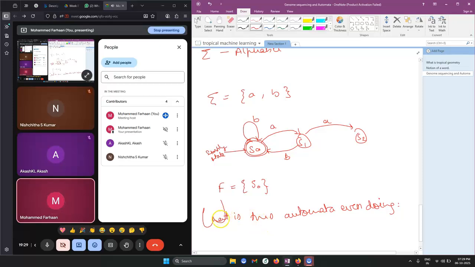So when I ask what this automata is doing, there are two things. What is it accepting? And what does it reject? Now we all have the intuition of what a word is, right?